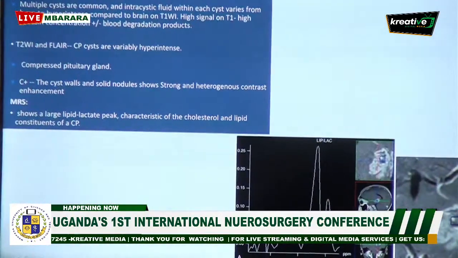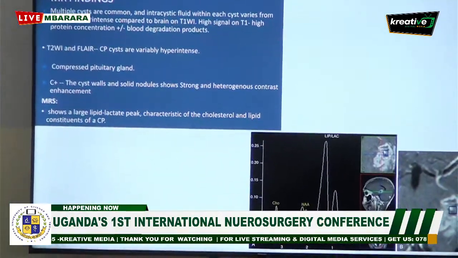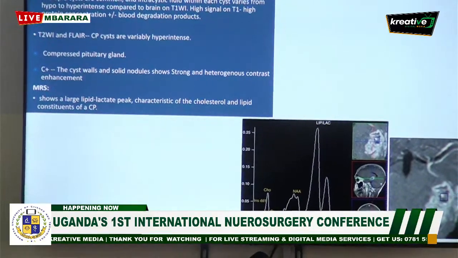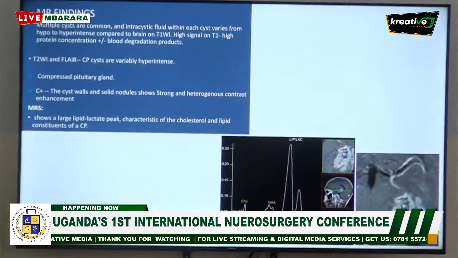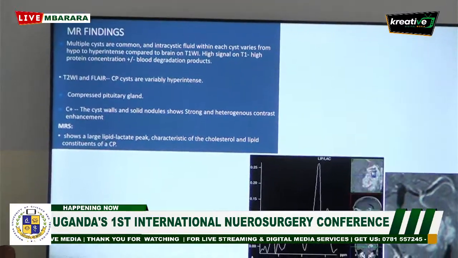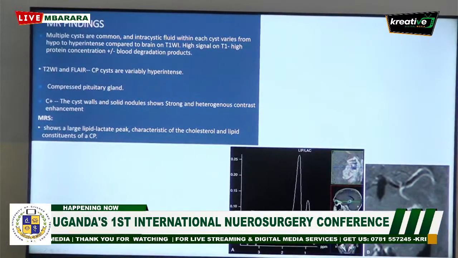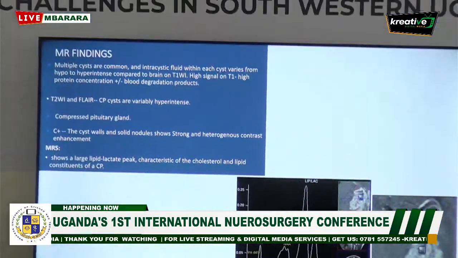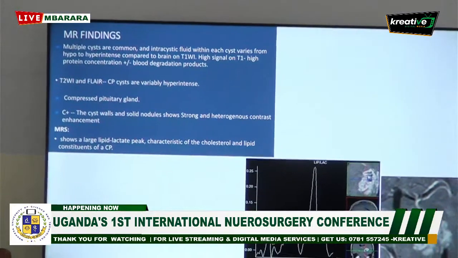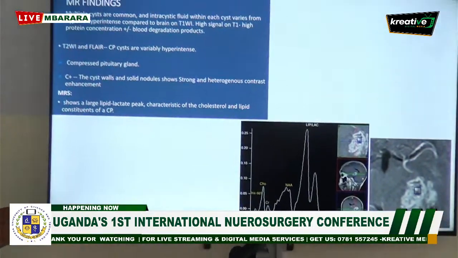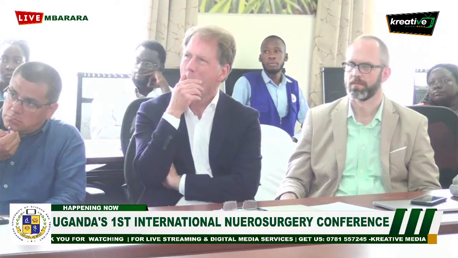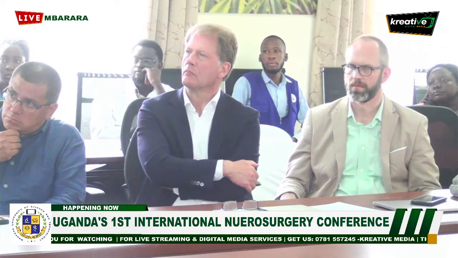Specifically for craniopharyngiomas, when you're imaging, MR spectroscopy is a very good cornerstone in diagnosing this. What we're looking at are the lipid and lactate levels, which indicate a very high cholesterol index, as depicted by the peak in that image.